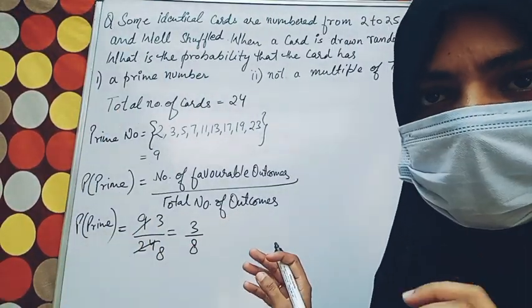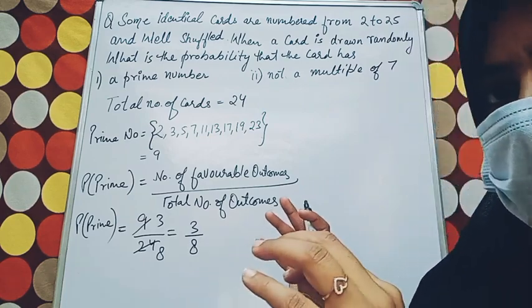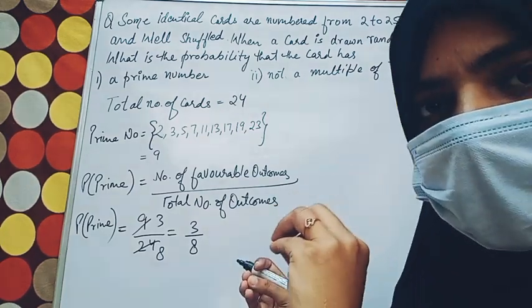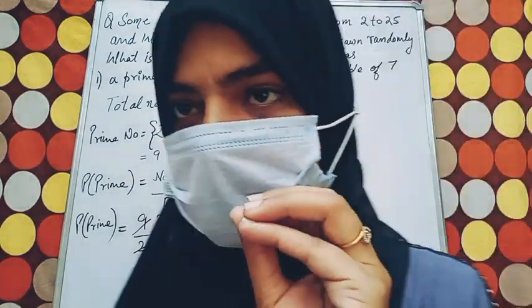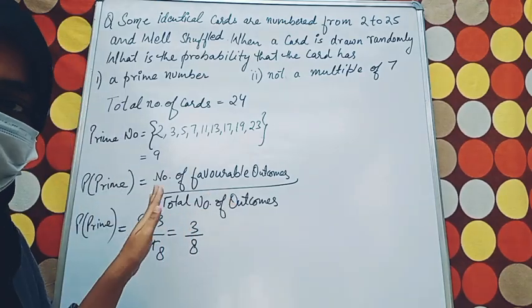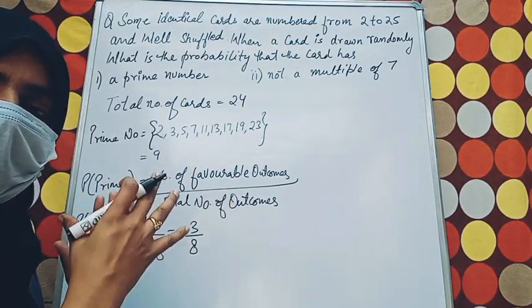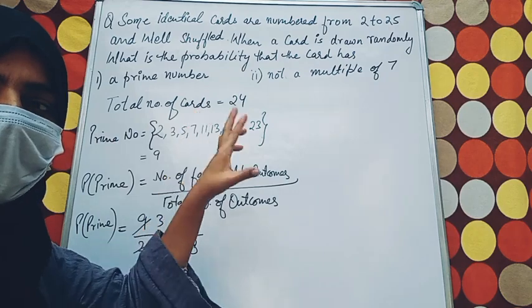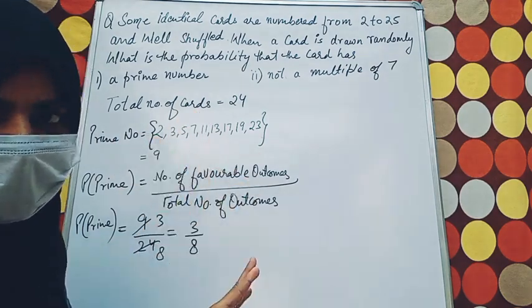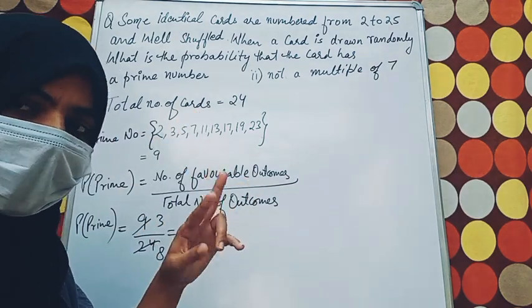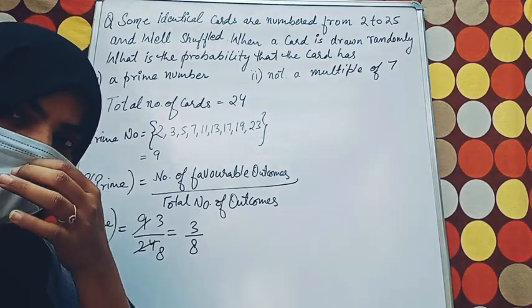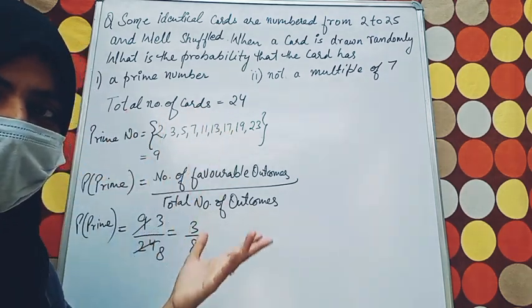What did we do? We read out the question first. The question condition was from 2 to 25. Let me come on this side so that it's clear. Now the board is clear. First of all, we found out the total number of cards. It started from 2 to 25, so we excluded 1, and the total number of cards was 24.